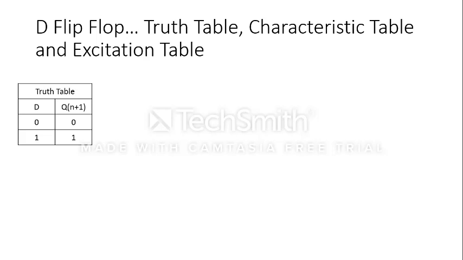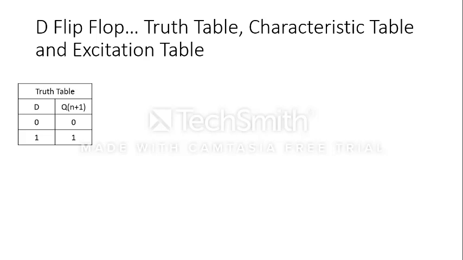When you provide your D input as 1, you will get your output as 1. Keep in mind that all this works when your clock is high. When your clock is low, there is no change in Qn plus 1. That means at that time Qn plus 1 will be equal to Qn. It is already known to us. So there are only two rows in this truth table for D flip-flop.